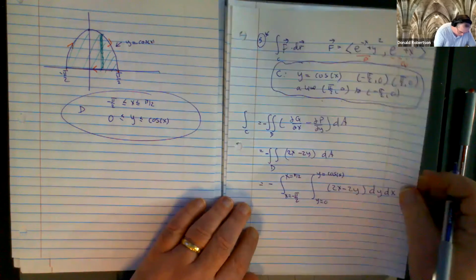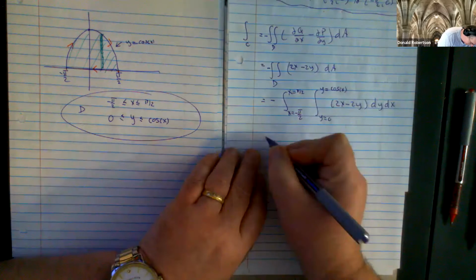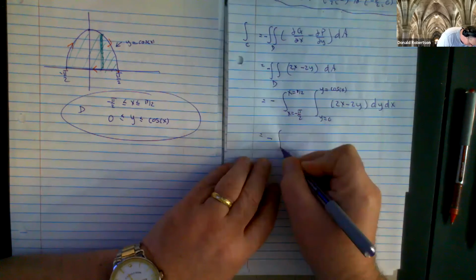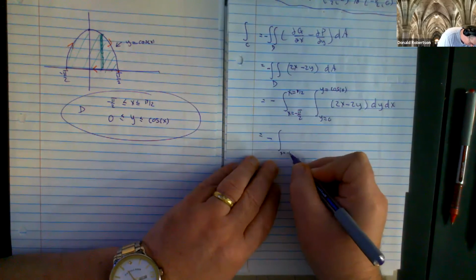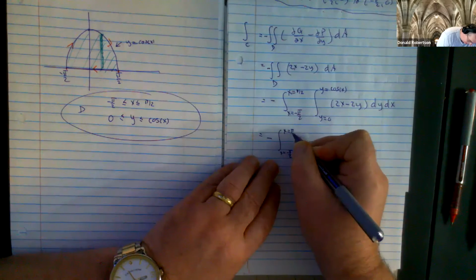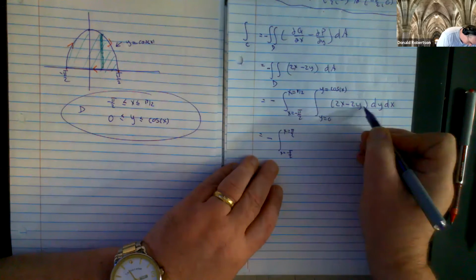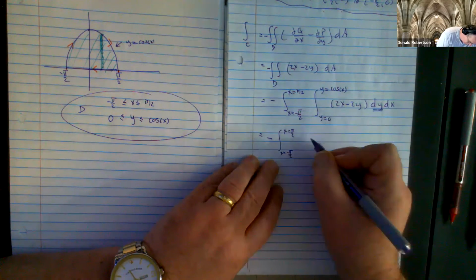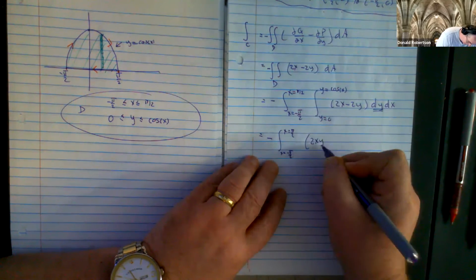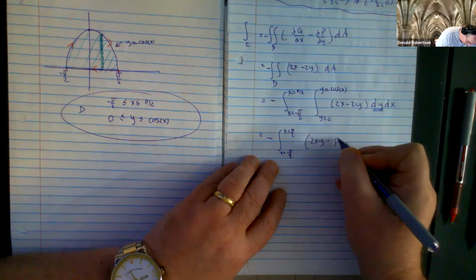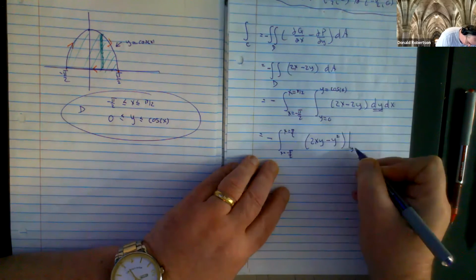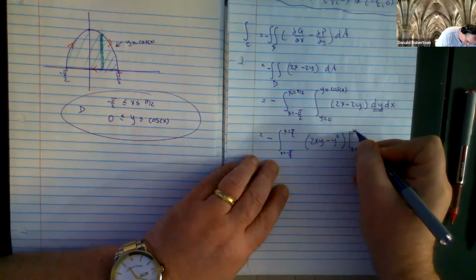But I want to take this one a little bit further. If you integrate this expression with respect to y, you will get 2xy, take away y squared, evaluated at y equals 0 to y equals cosine x, dx.